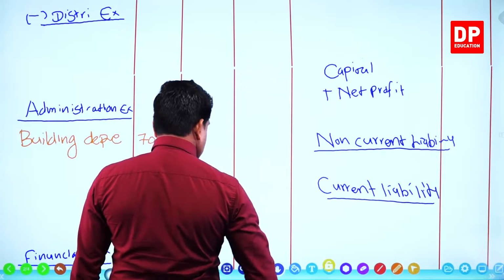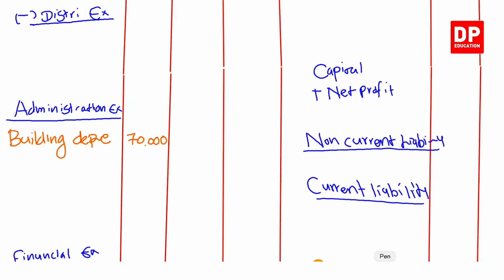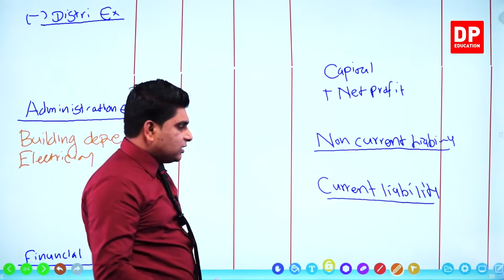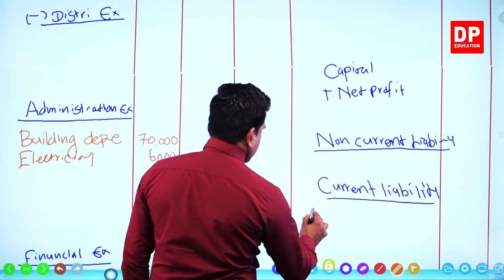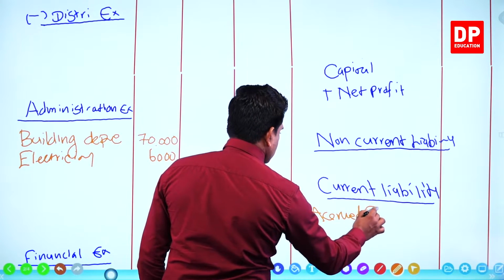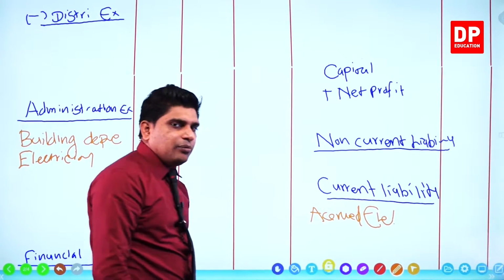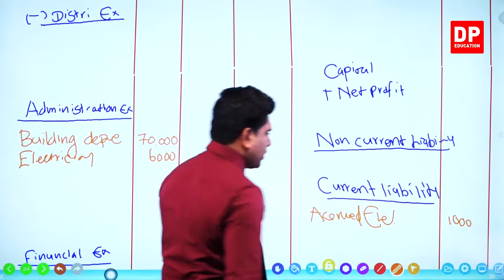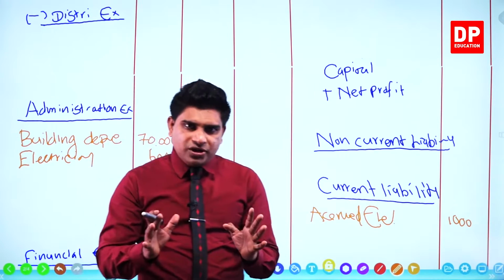Only the 1,000 rupees payable portion we write under the current liability, accrued electricity. Okay, now we have finished all adjustments, right?